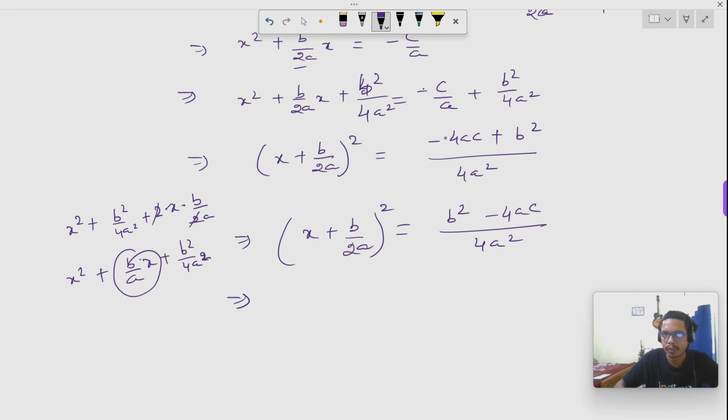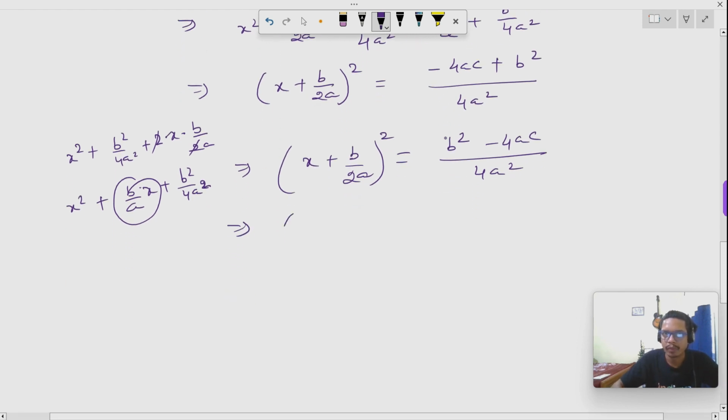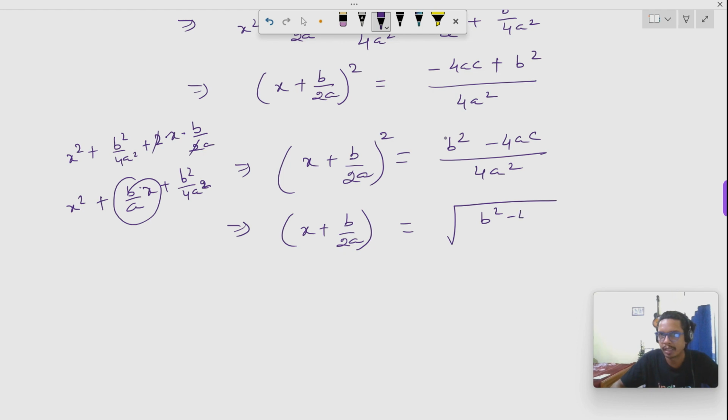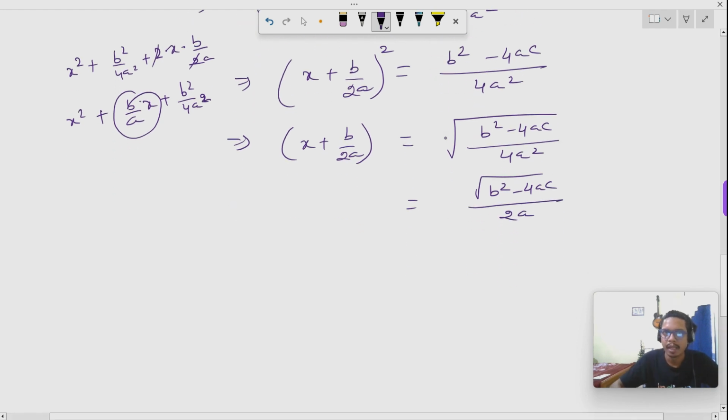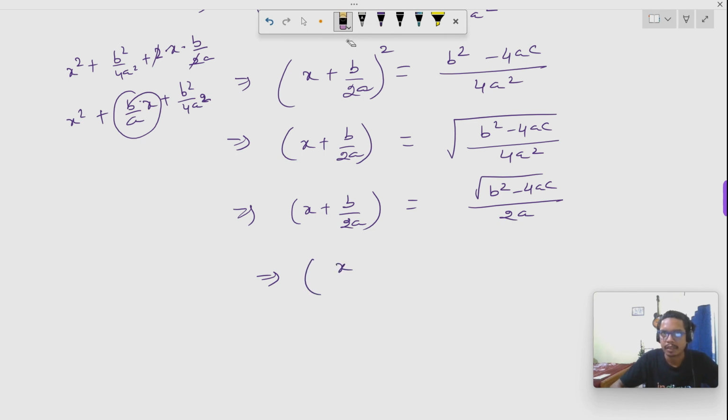This is of course going to be squared, and when we further simplify these terms, it's going to be b square minus 4ac over 4a square, followed by b square minus 4ac over 2a, and x plus b over 2a.